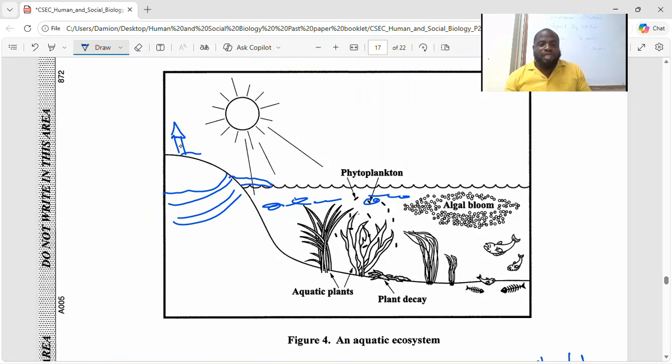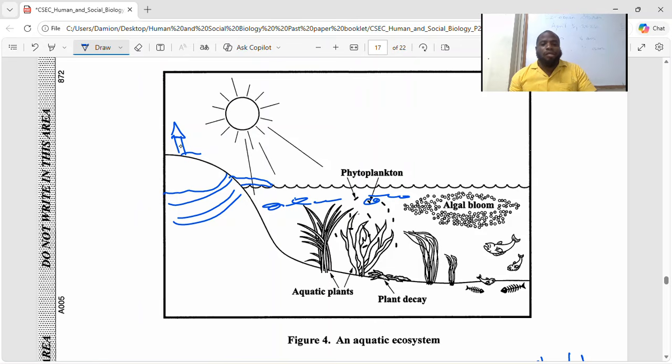Now, the rays from the sun are going into the pond to the aquatic plants, and they are also being used by the phytoplanktons. Those are plant-like things that also photosynthesize. Now, what is happening is that the algal bloom is going to create a barrier.